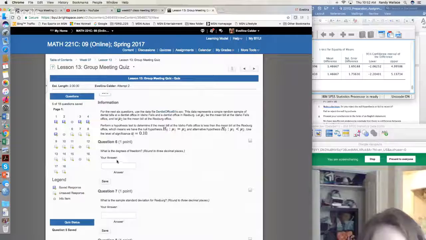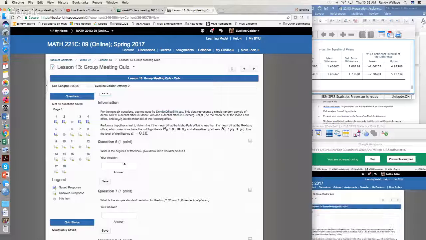So for 11, use the alternate. Would we have insufficient evidence that the mean dentist bills between the two cities are the same for 11? Way ahead of me. Oh, sorry.